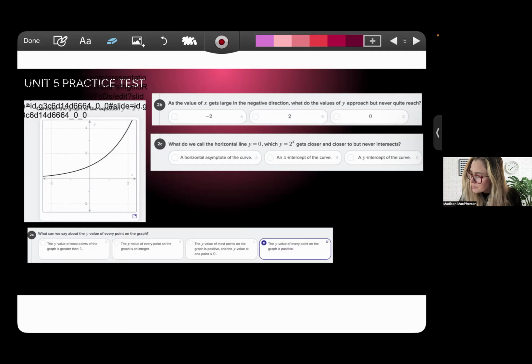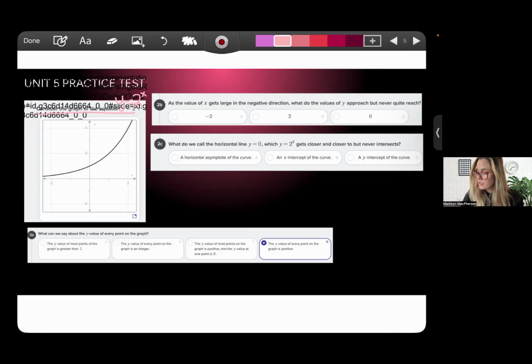Okay. This one says, consider the graph of the equation y equals 2 to the x. It says y equals 2 to the power of x. All right. So 2a says, what can we say about the y value of every point on the graph? Okay, before we even try to read the answers here, let's look at the graph and see what's going on.